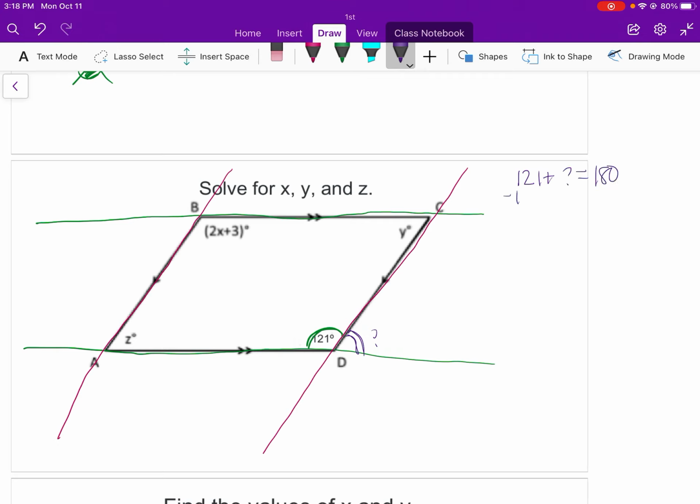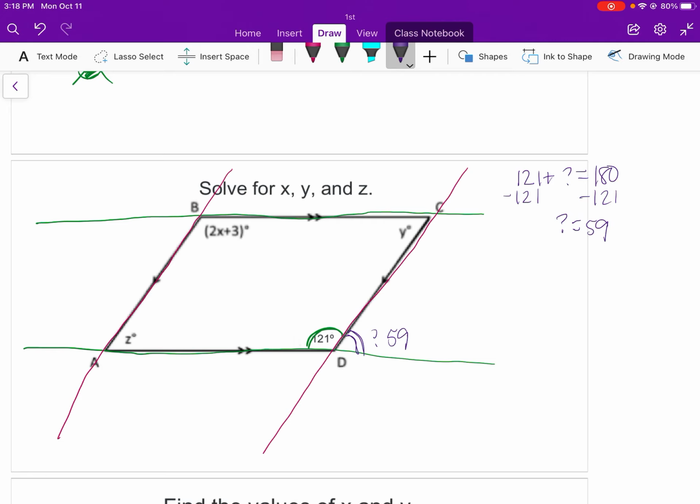So I subtract 121 from both sides, and my question mark angle is 59. So every single angle in this picture is going to be either 121 degrees or 59 degrees.